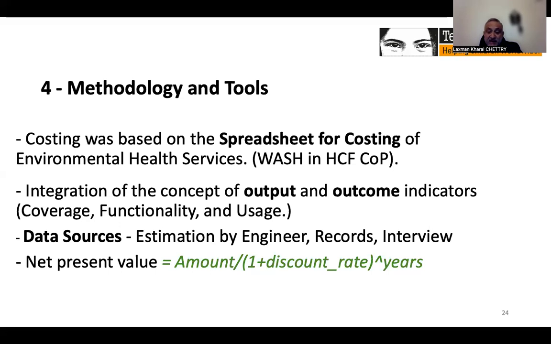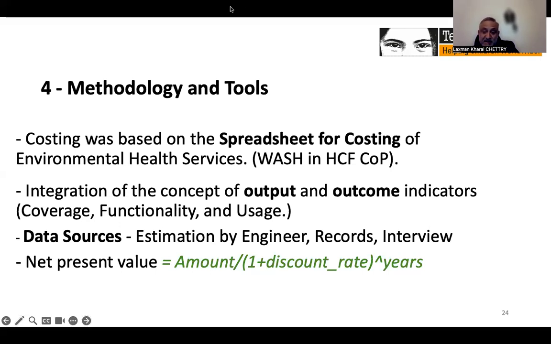Now, regarding the methodology, we utilized the spreadsheet called Costing of Environmental Health Services, developed by the UNC Water Institute team, which can be accessed at the washinhealthcarefacility.org website. We adapted the tool to suit our requirements, and we also included provision for collecting data on output and outcome indicators, because we had to monitor the status of WASH while implementing the developed operation maintenance policy, for which the costing was done initially.